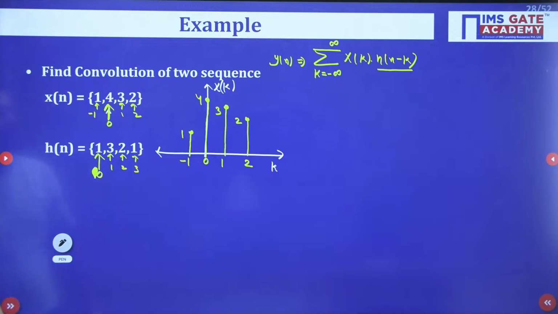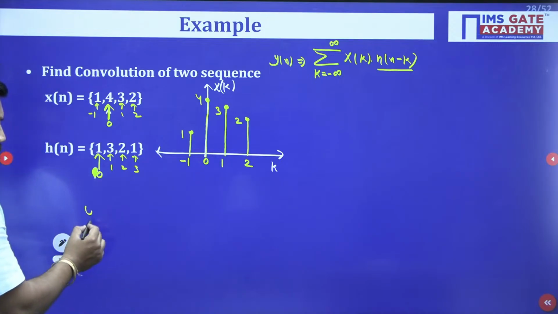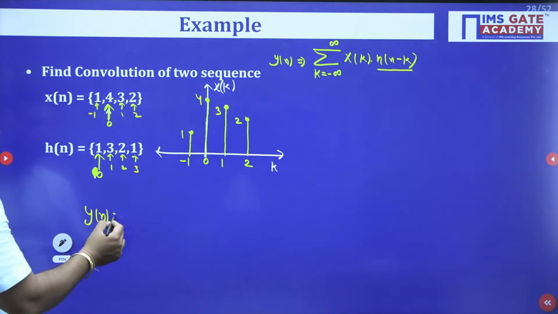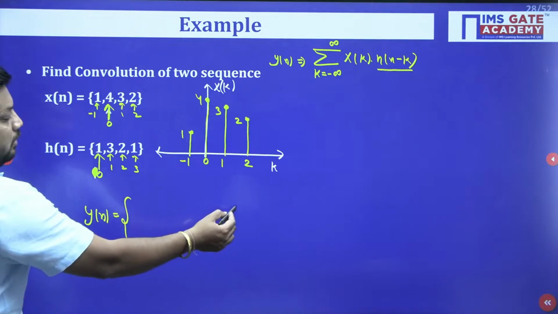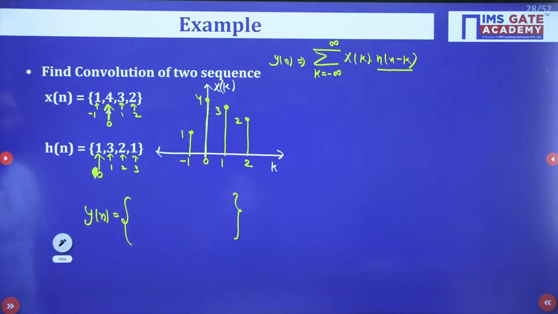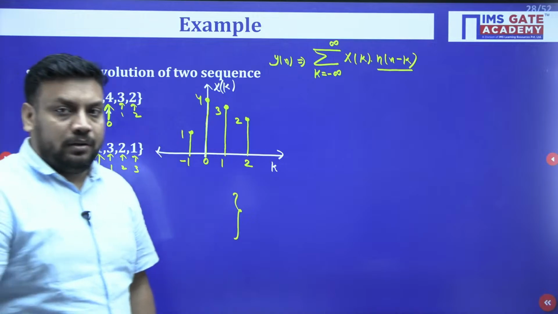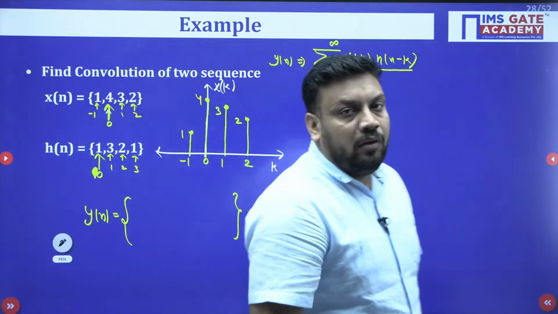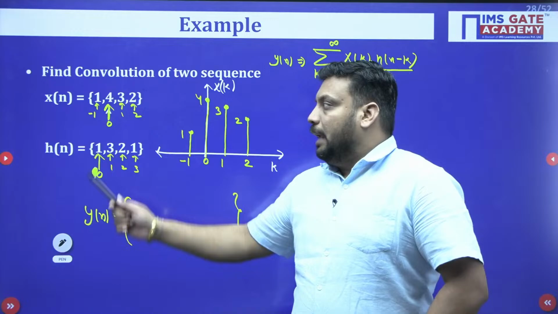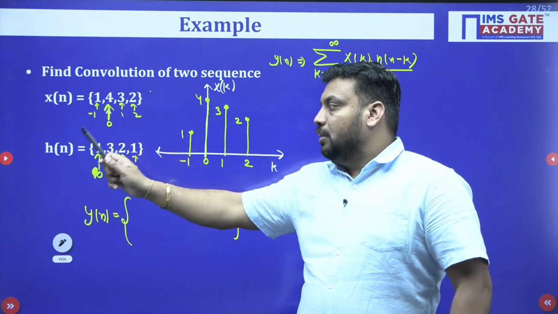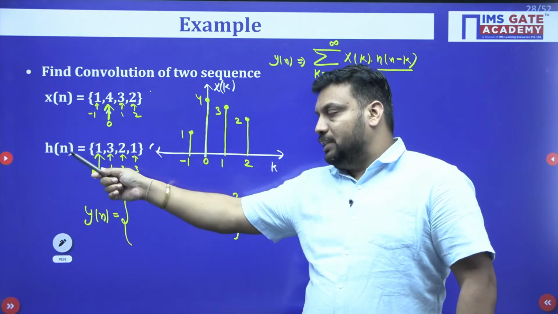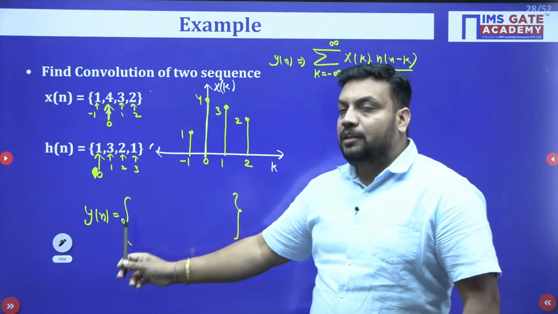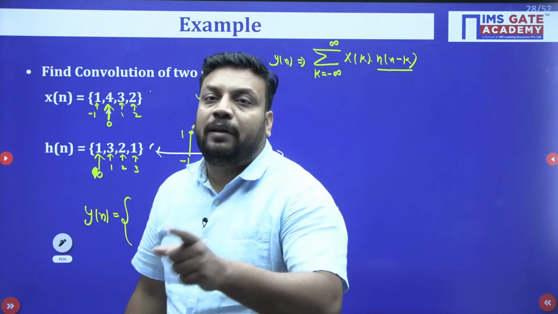According to the width property and length property, can you tell me what the length of y[n] will be? If x[n] has length L1 and h[n] has length L2, then y[n] should have length L1 plus L2 minus 1.